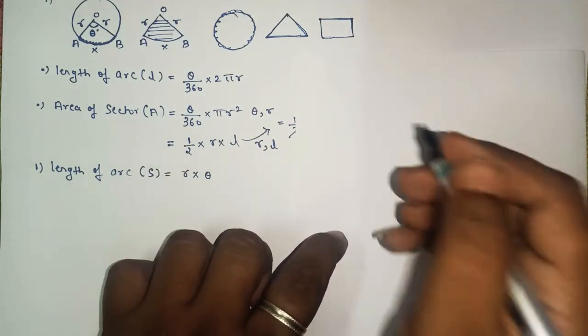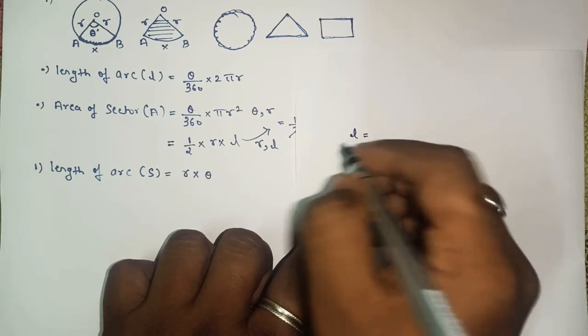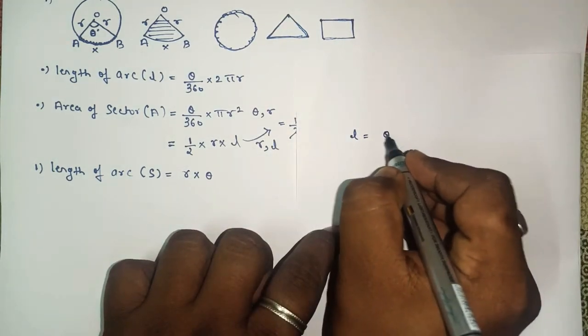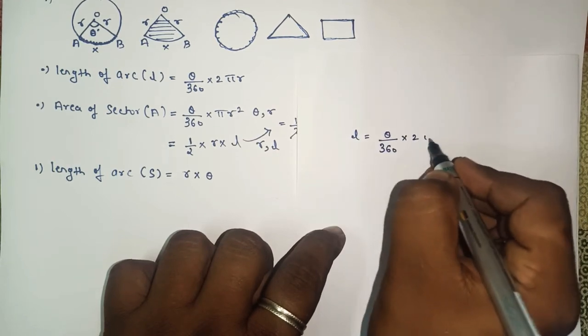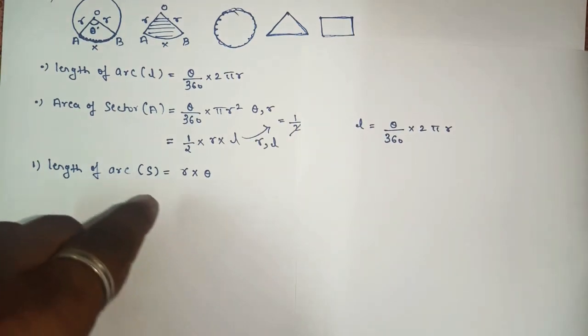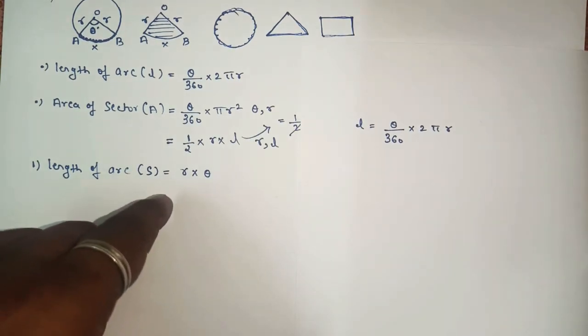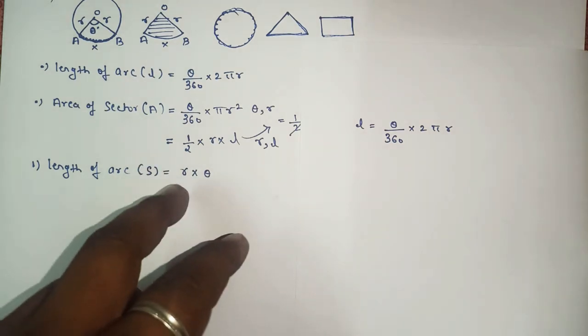As we know, the length of the arc which was there in 10th standard, the formula was theta upon 360 into 2 pi r. Now suppose we require this answer.